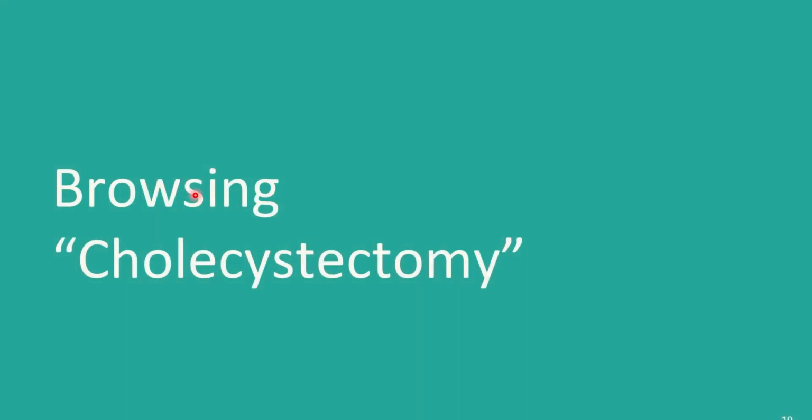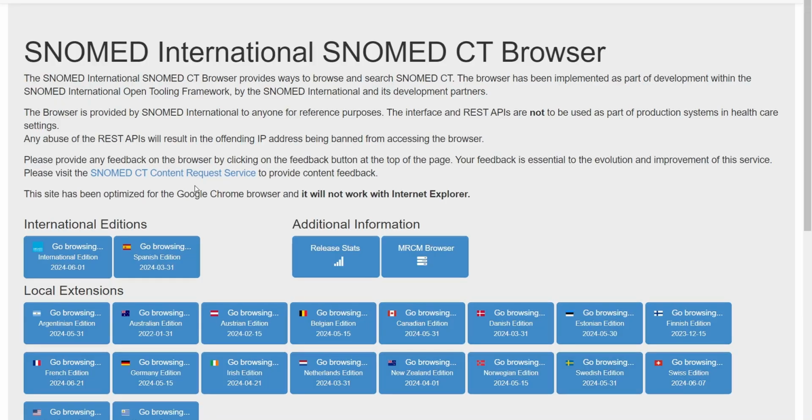Now let us see how to work with the browser itself by visualizing the demo in real time. We shall work using the concept of the term cholecystectomy for this. Do bear with me as I move over to the browser itself. As you can see, we shall first ensure that we have got these release and versions correct and perspective, and we will click over here.